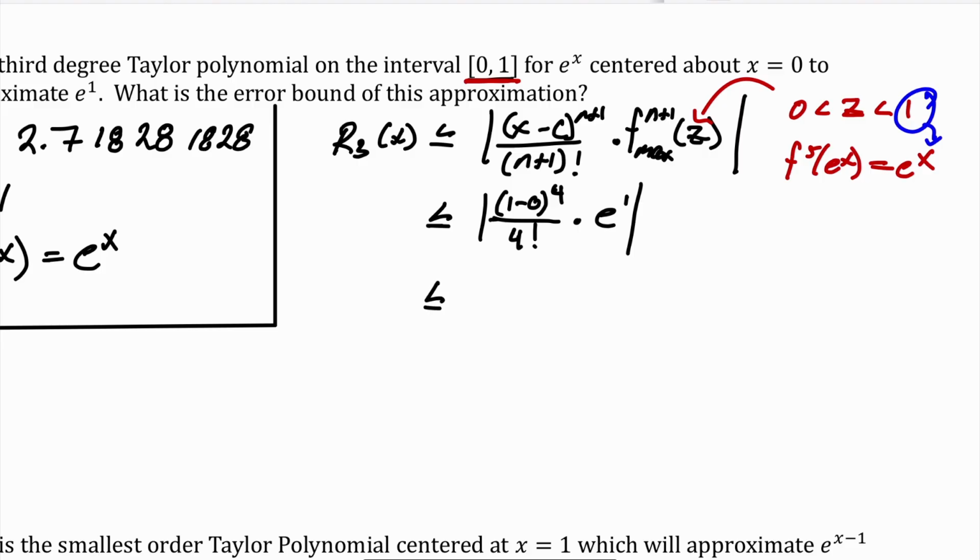So let's clean it up a little bit more. That's going to be 1 to the fourth. We'll just call that 1. 4 factorial is 24. And then we're just going to have times e.